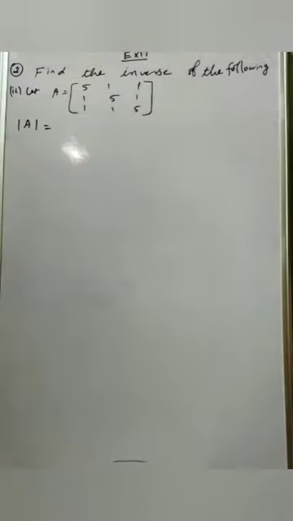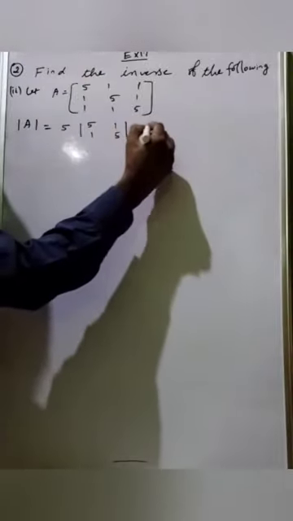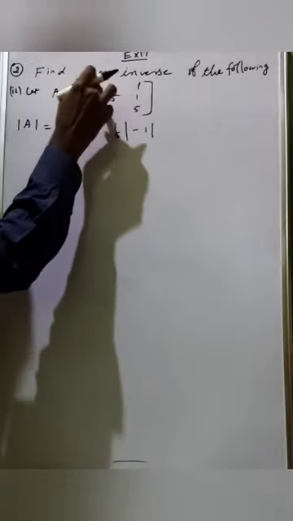equal to... how to find a 3 cross 3 matrix determinant? First write 5. The element 5 lies in the first column, so delete its row and column, and the remaining is 5, 1, 1, 5. Then first plus, then minus 1, the element 1 lies in the first row, second column.